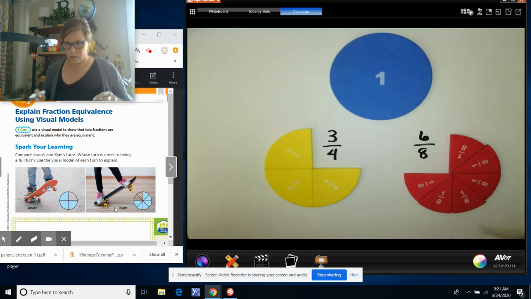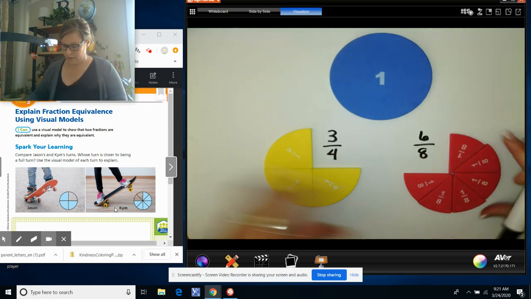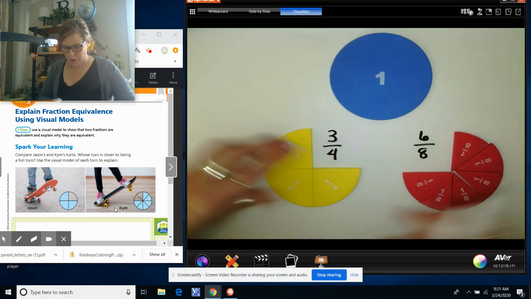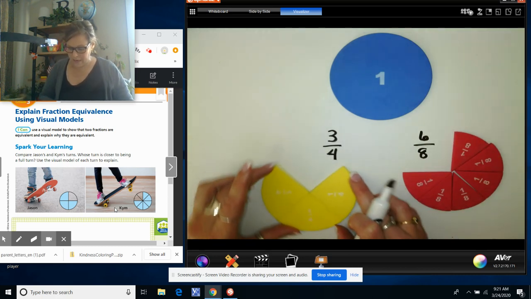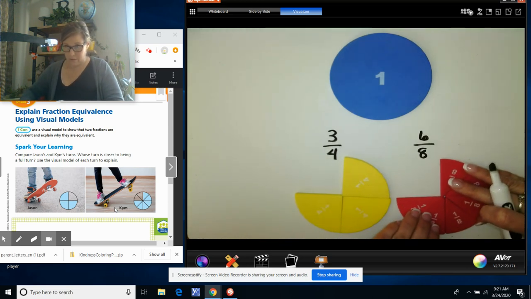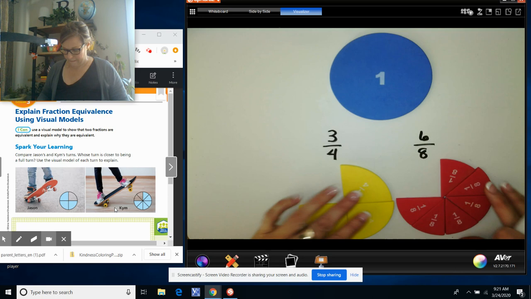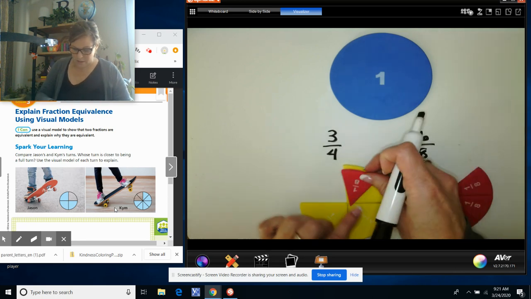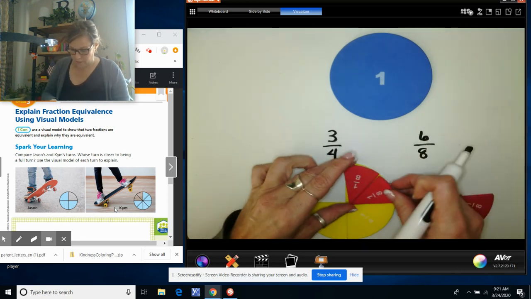Well, if you look at the 2 visual models that we have in front of us, and I were to turn them so that they're facing the same way, I'm going to scooch this one down. I might even go as far as placing them right on top of each other.